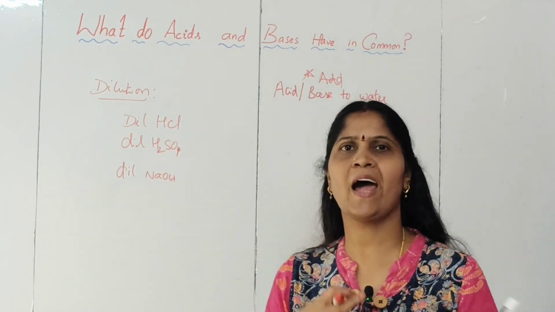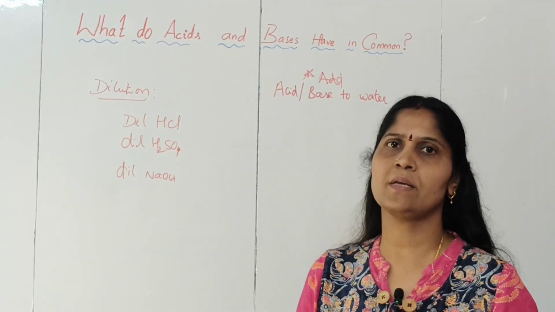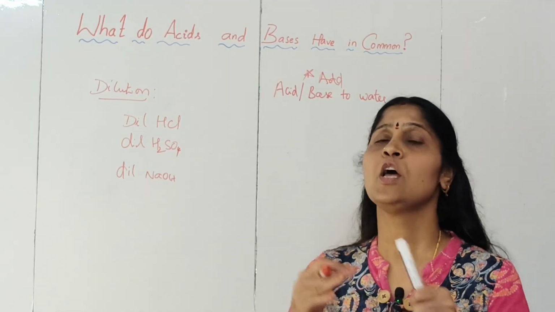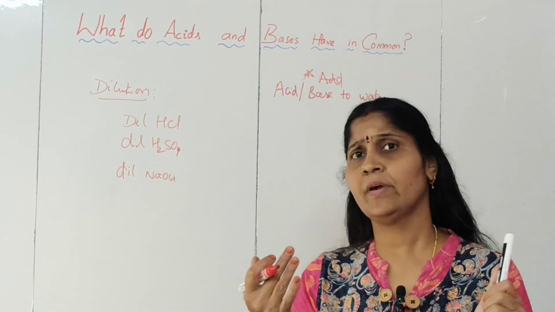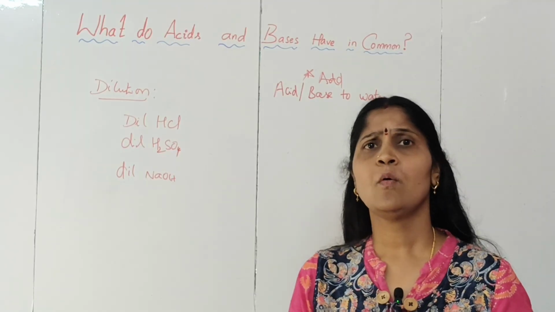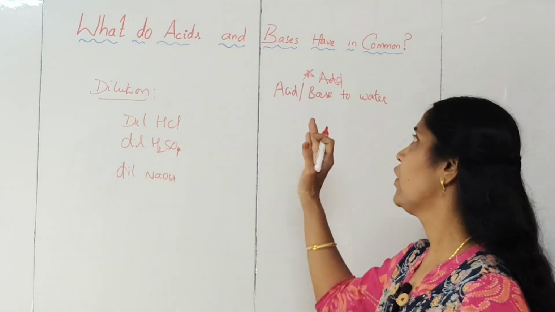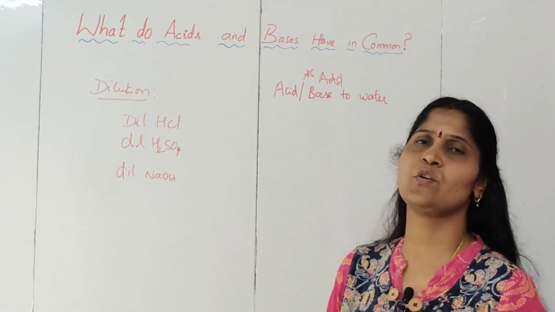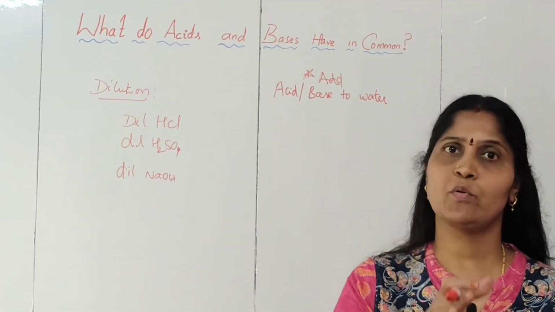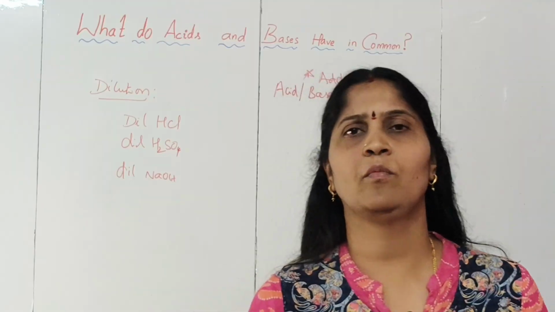That is, we should not add water to acid or base. Only acid or base should be added to water. This is a very important question, and the question is what may be the reason for this. Why can you not add water to acid or base, but always have to add acid or base to water?